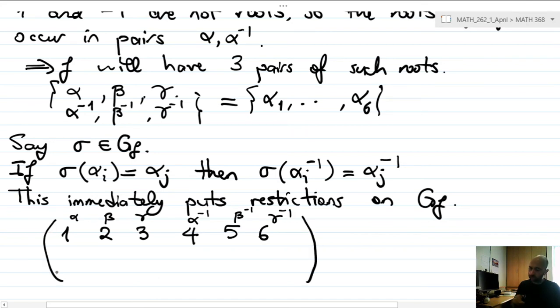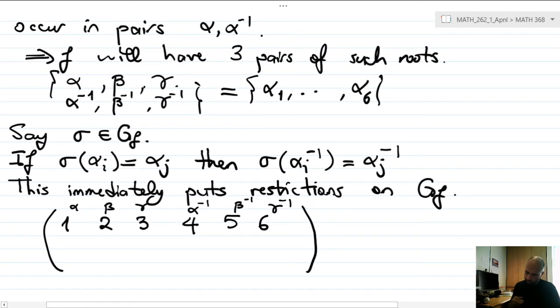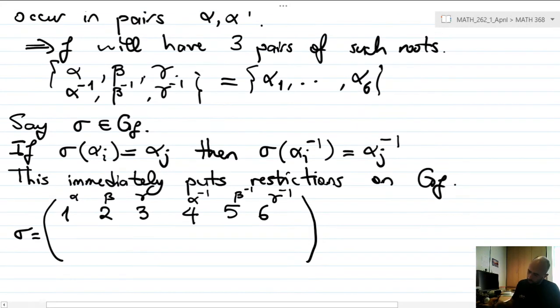Let me try to write the rest of the permutation. So this is sigma. Now suppose that 1 is sent to something, let's say A. I don't know which one, but how many choices do we have? We have 6 choices here.